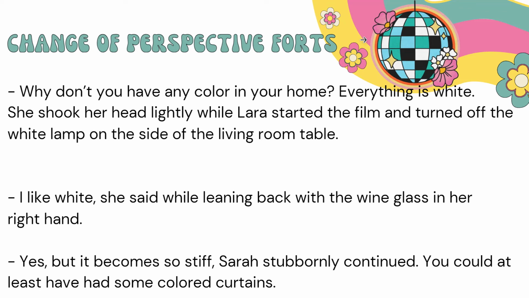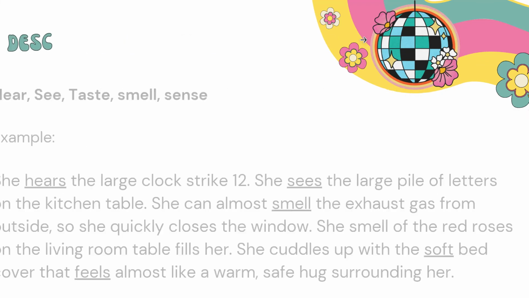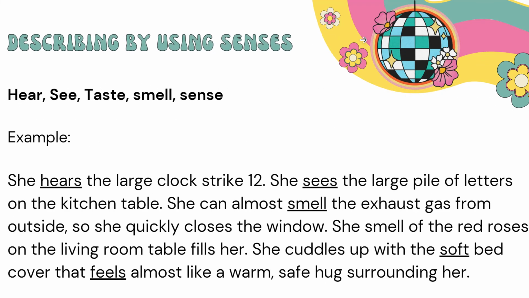So this is an example about change of perspective, okay? Now, another way of describing is when we use our senses, which is very effective in written text, especially in descriptive text.